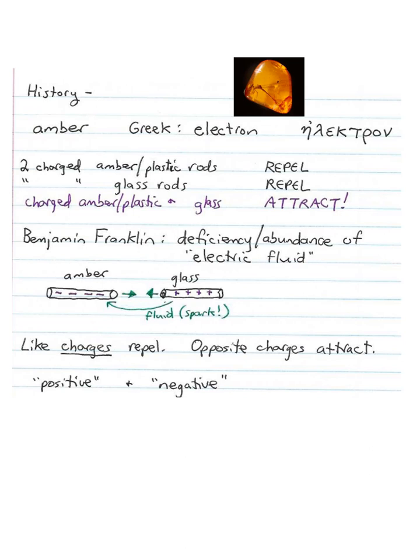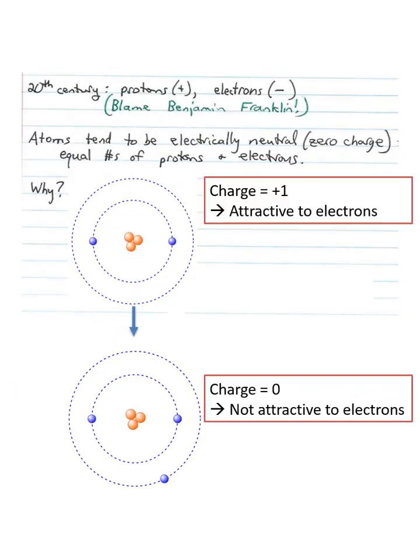Well, later on, with better experimentation, learning more about atoms and the parts of the atoms, it was realized that what was going on was there wasn't an electric fluid, but rather there were protons and electrons. Protons have positive charges and electrons have negative charges.